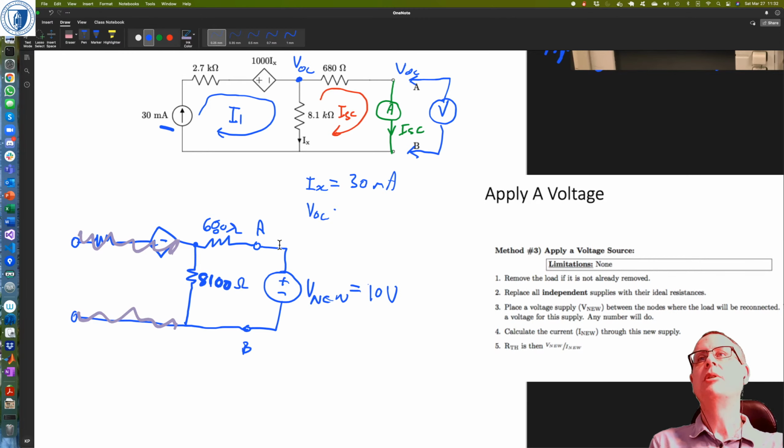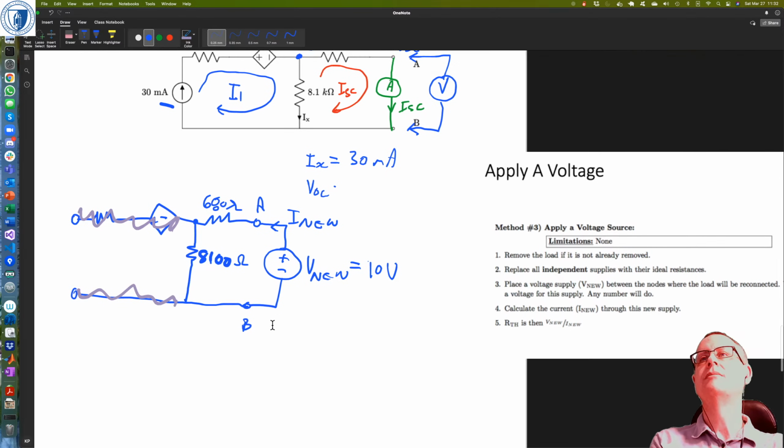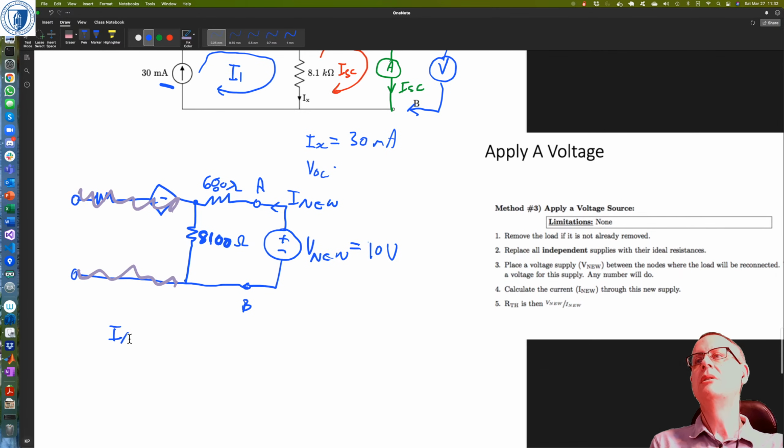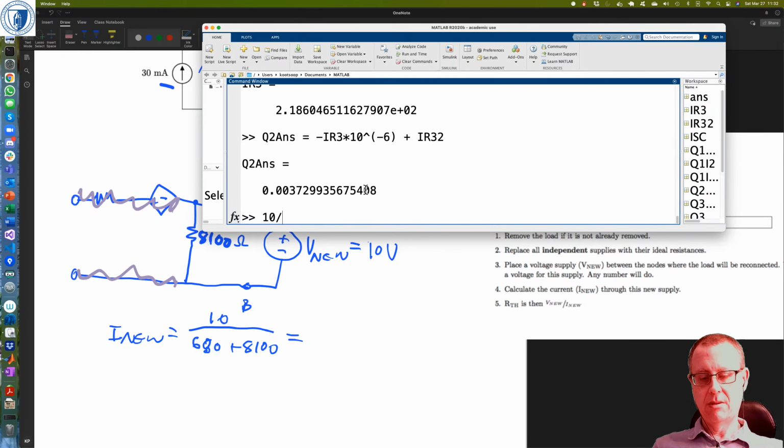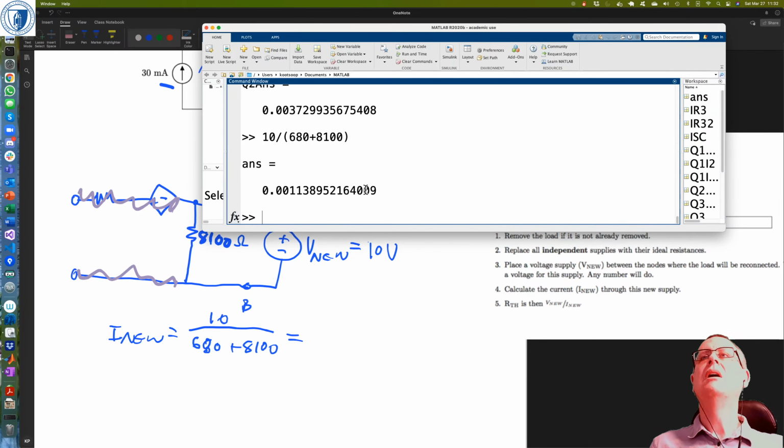So what we're interested in is I new, which is 10 on 680 plus 8100. That's 1.139 milliamps.